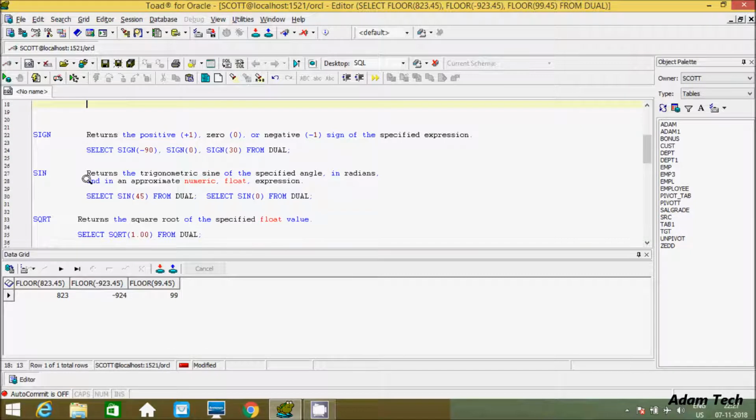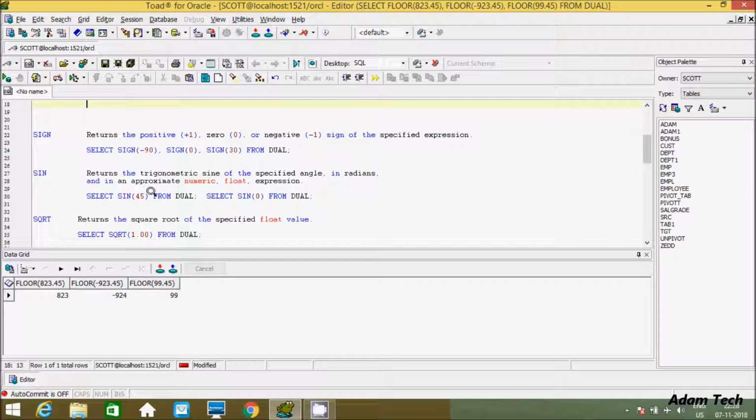Now after that, sine. In your 10th and 12th standard you already studied sine theta, cos theta, or tan theta. In Oracle you can also use sine, and you can also perform cos and tan here. Sine returns the trigonometric sine of a specified angle in radians, as an approximate numeric float expression.